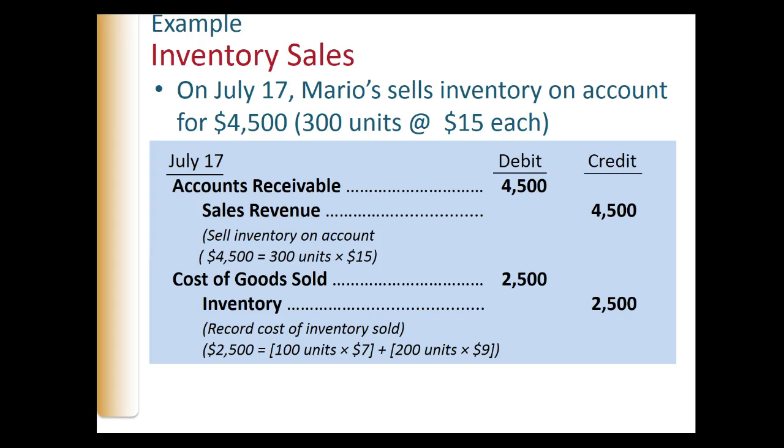Now we record this amount as the cost of goods sold for the July 17th sale. At the same time, we maintain a continual, or perpetual method, record of inventory by reducing the inventory balance by the cost of the amount sold, which is $2,500 as shown here.